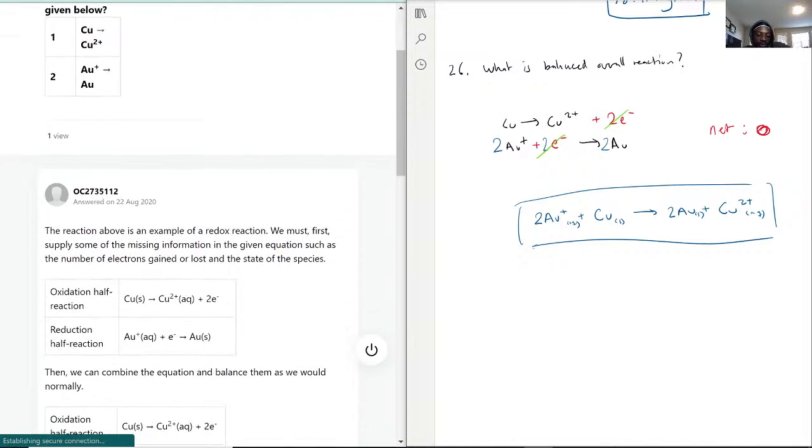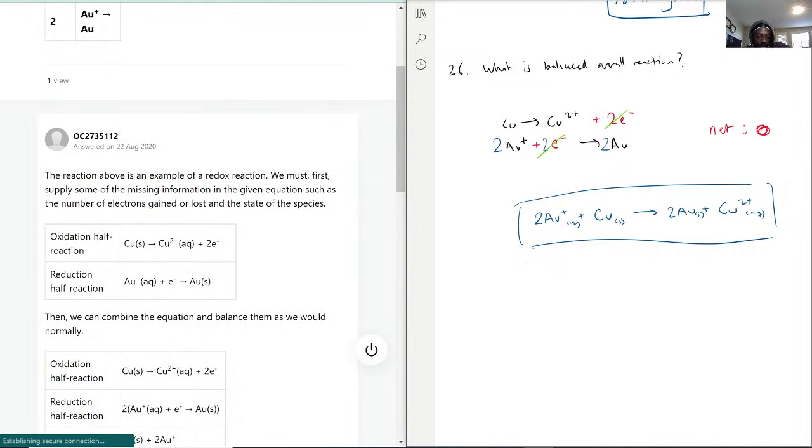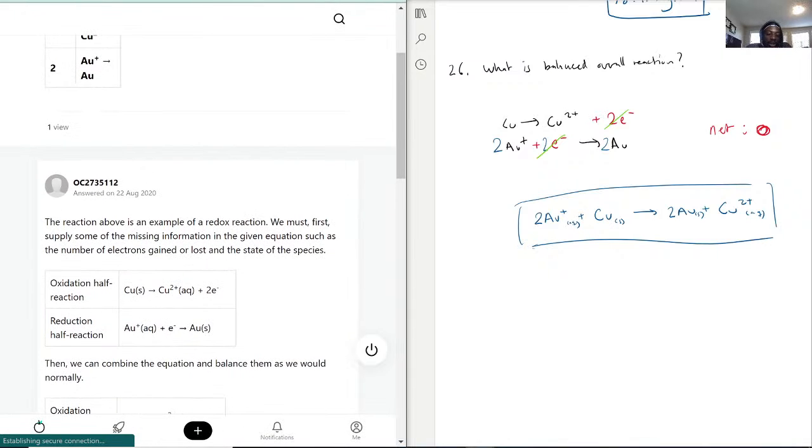But yeah, so we have the oxidation half reaction and the reduction half reaction. That's what I mean by redox. Redox stands for reduction oxidation. Oxidation means loss, so OIL RIG, if you remember. Reduction is gain, okay?